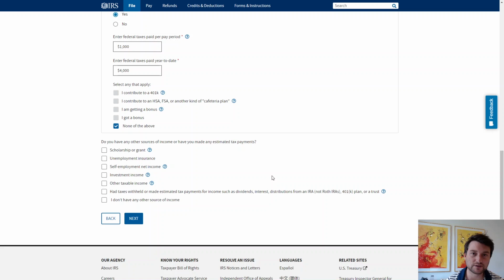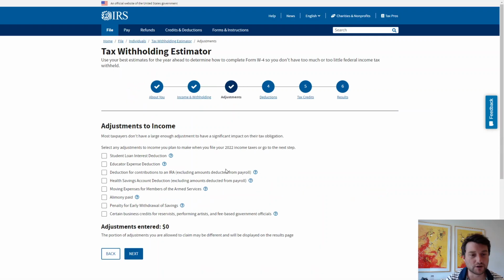Now we get into the adjustments to the income. Okay, adjustments to income. What are they after here? Adjustments to income are any reductions in your income in arriving at adjusted gross income. Okay, so for example, student loan interest. If you make payments on your loans, you are allowed a student loan interest deduction of up to $2,500 worth of interest.